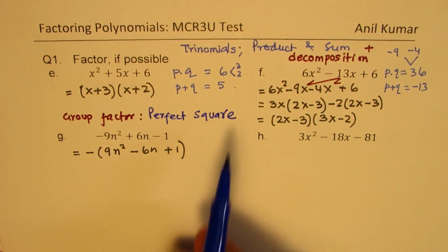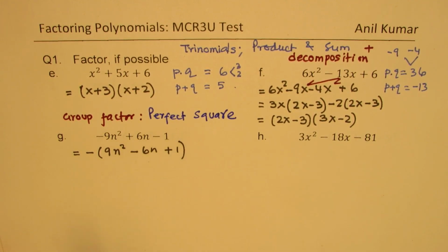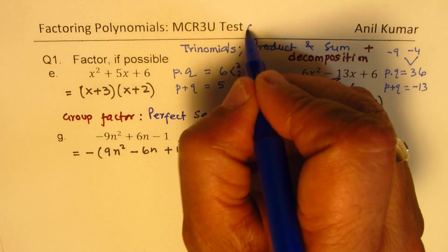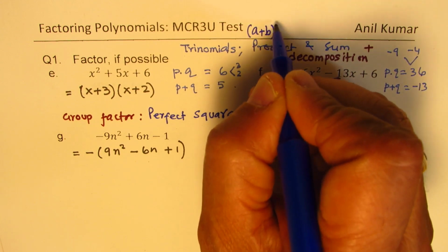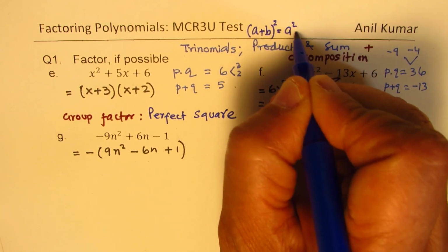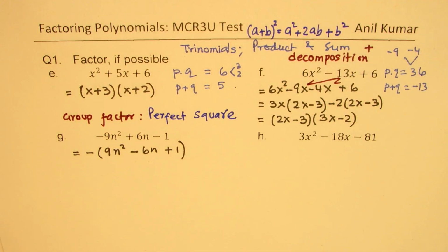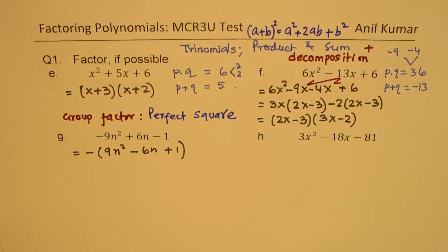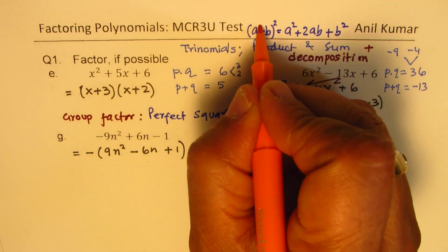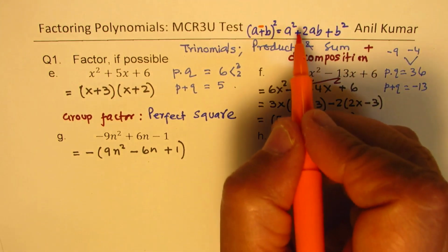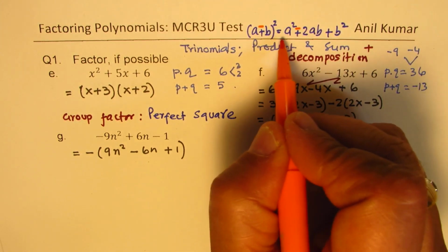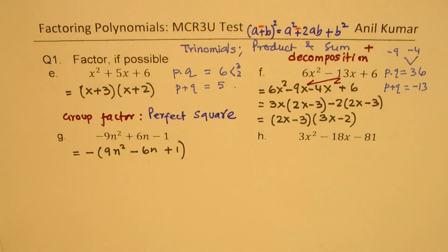Now, what is that perfect square thing? Well, I didn't give you this formula, but a plus b whole squared can be written as a squared plus 2ab plus b squared. And if we have a negative term here, that is, if I have a minus b whole squared, then this term is negative: a squared minus 2ab plus b squared.